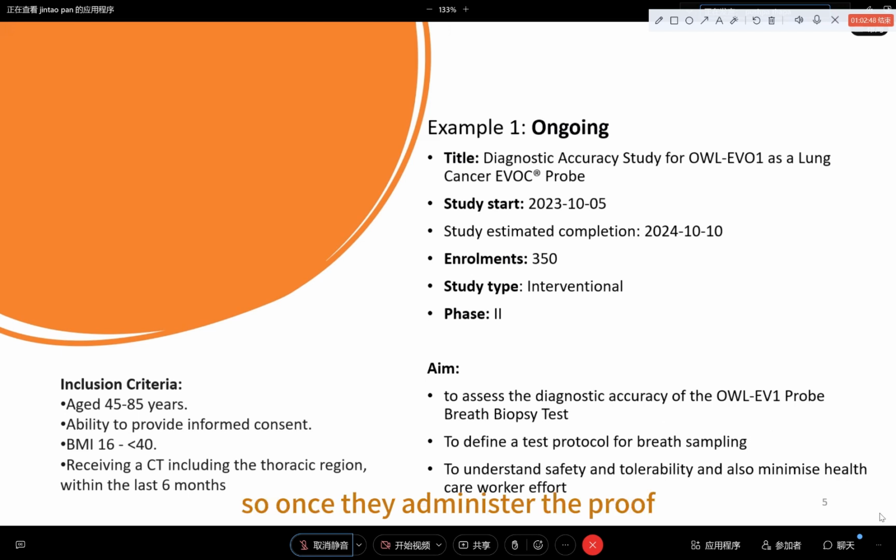Once they administer the probe, they will collect multiple samples for up to 180 minutes post-probe and then do the test. The inclusion criteria are aged 45 to 85, able to provide informed consent, and receiving a CT, including a chronic thoracic lesion within the last 6 months.